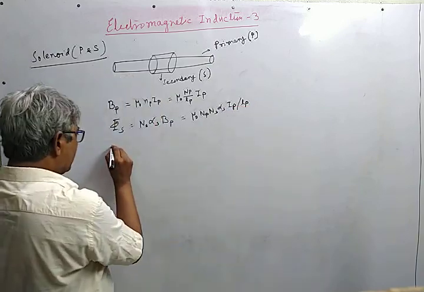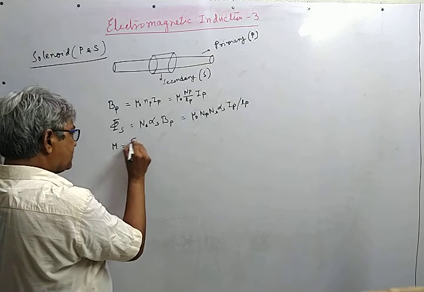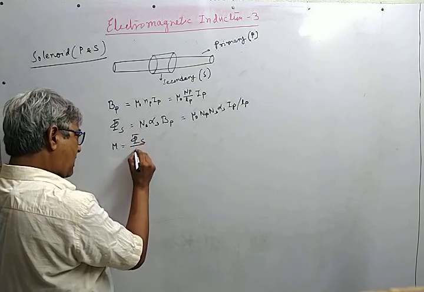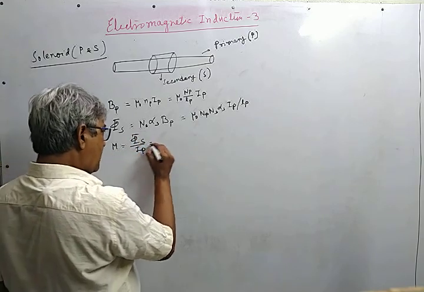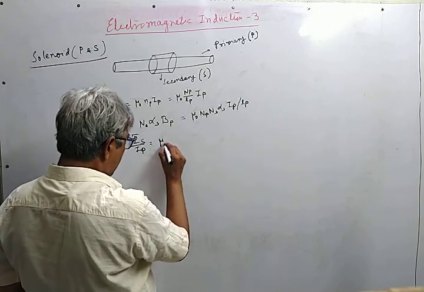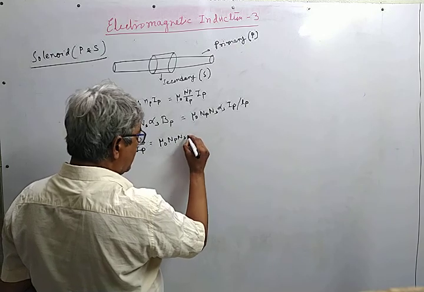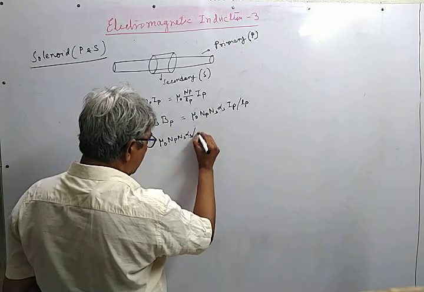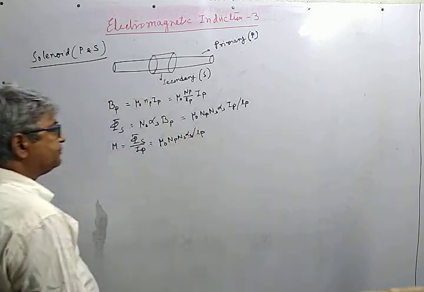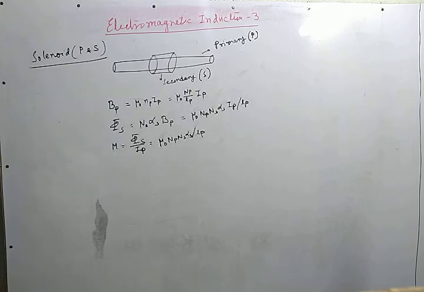So the mutual inductance for this pair is mu 0 N_P N_S A_S by L_P. This is the coefficient of mutual inductance between the primary and secondary.